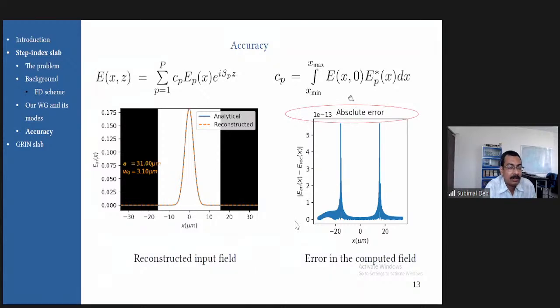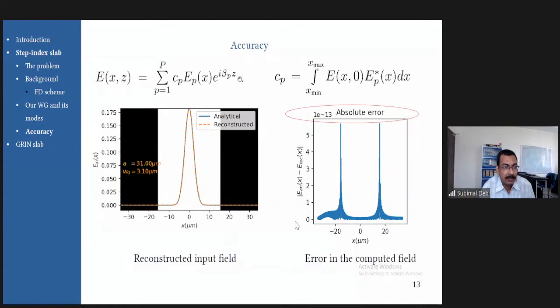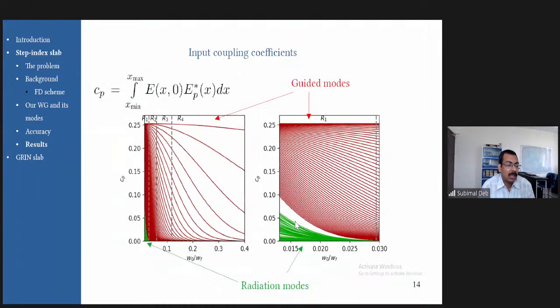Here also, the very standard integration routines will not work. You do need accurate or higher order integration schemes for computing these overlap integrals. Next comes the computation of these input coefficients. See, these overlap integrals, or CP, which we have computed over here, will depend on the width of the input beam.